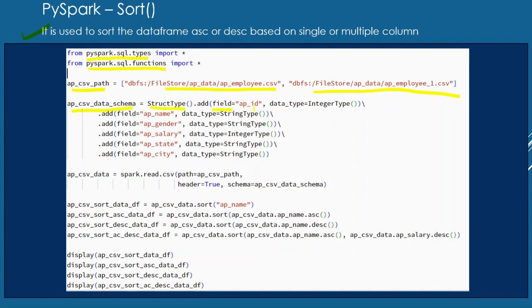In a StructField, we are defining the column name and the data type. Here the column name is AP ID, data type is integer type. Column name is AP name, data type is string type. Column name is AP gender, data type is string type. Column name is AP salary, data type is integer type. Column name is AP state, data type is string type. Column name is AP city, data type is string type.